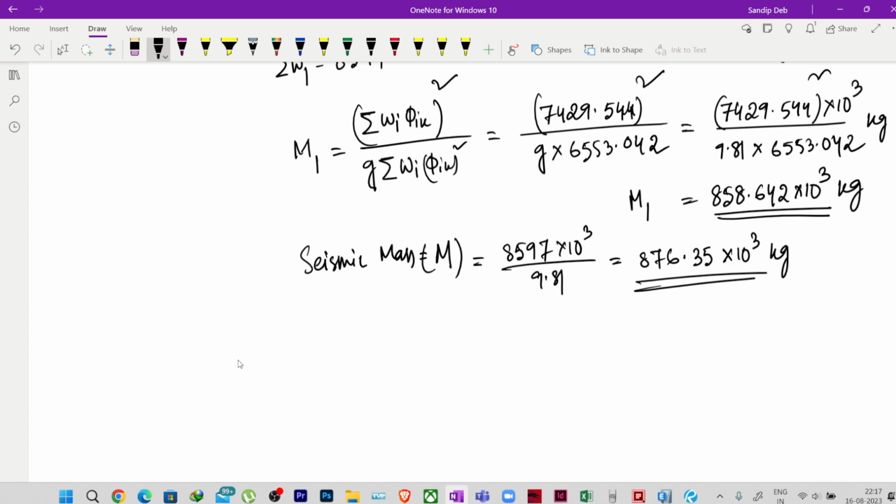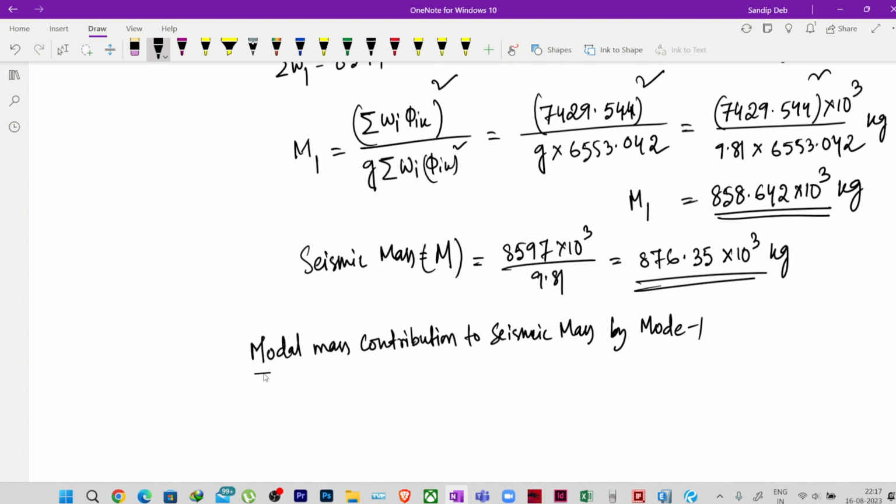Modal mass contribution to seismic mass by mode 1.